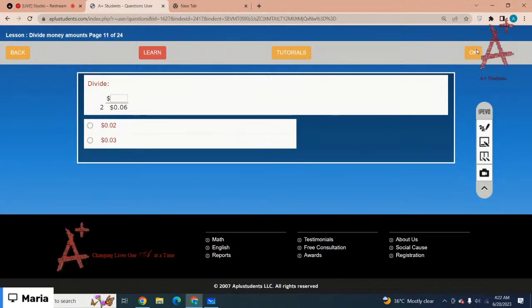Okay, the next one is 0.06 divided by 2. So which is the correct option? 1 or 2, which is the correct option?